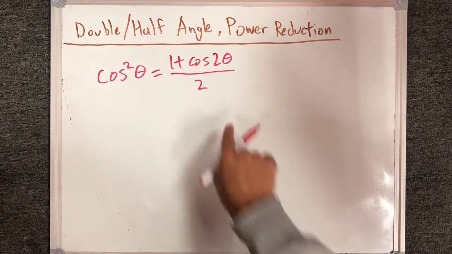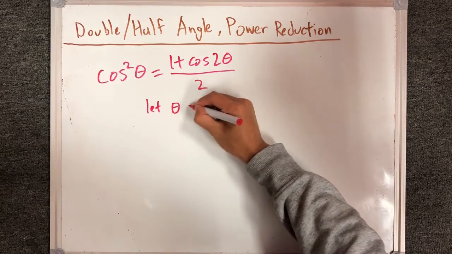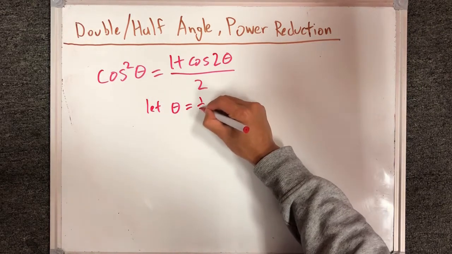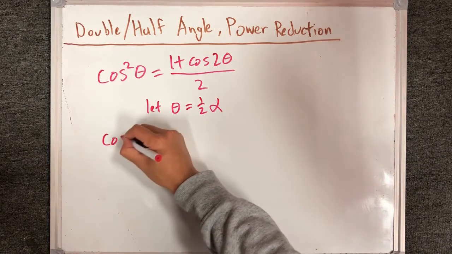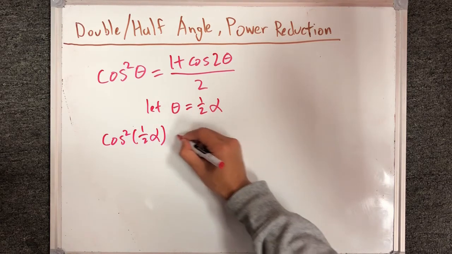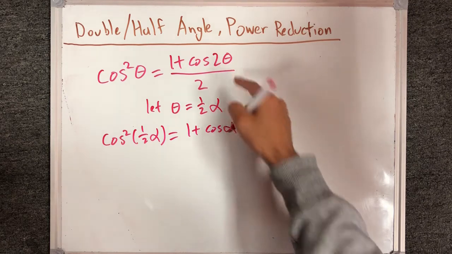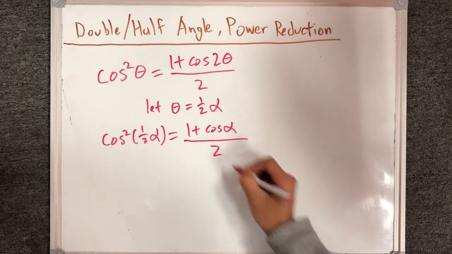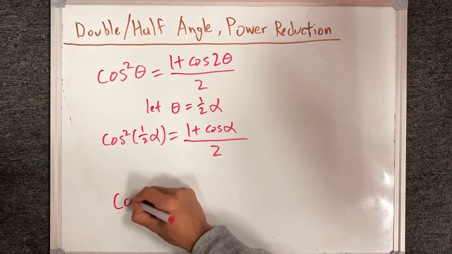Now, taking our power reduction formula, I can let theta equal half of alpha. What I end up with is that cosine squared of 1/2 alpha will be 1 plus cosine of alpha over 2. I can solve for cosine of 1/2 alpha by taking the square root.